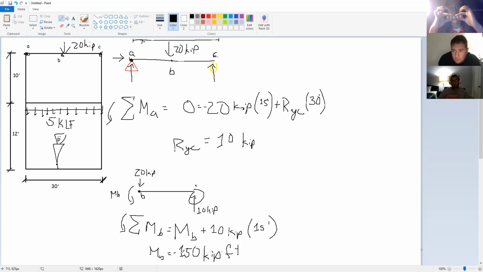It's just going to bend right there. If you give it more than 150 kip feet, it'll break. You're right, because you had the full 30-foot thing, but then you remembered it's only 15. That's what we did when we cut it in half. And that's how it would look.